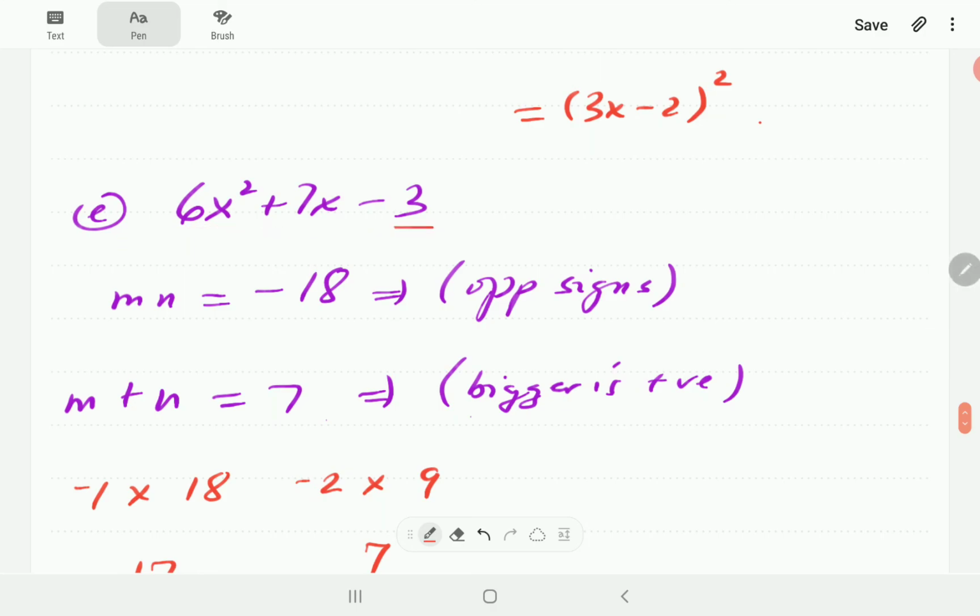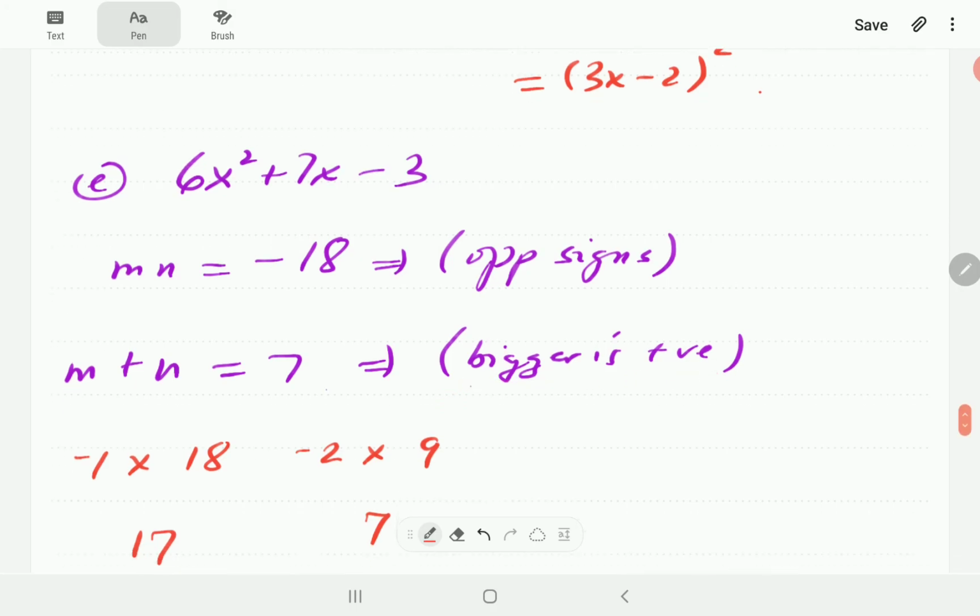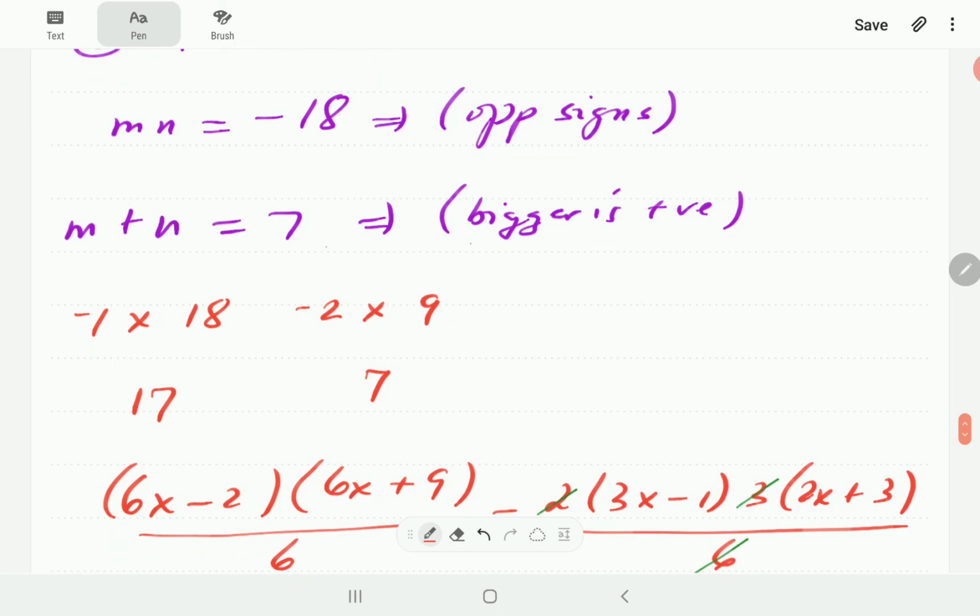This time AC is negative 18, so that means the two numbers we're looking for have got opposite signs. B is positive 7, so that tells us that the positive one is bigger. So we'll look through pairs of numbers that multiply to 18. 1 goes with 18, the positive is bigger, so the negative goes on the 1.